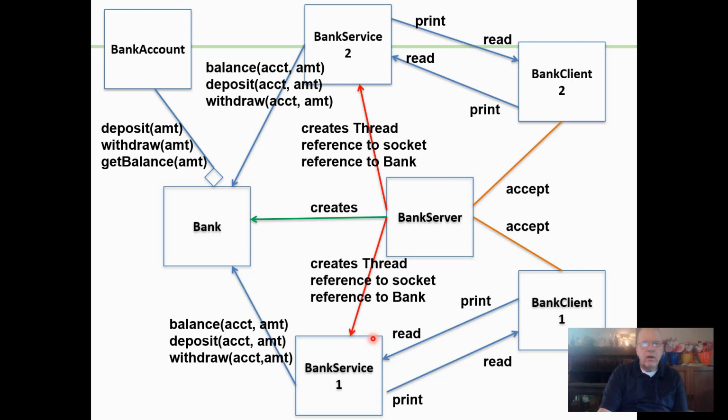So there can be more than one bank service. Here's BankService 2, BankService 1, and the client is connected to the bank server, but then it's handed off to the bank service, and it interacts, prints, and reads. And we'll see in our lab in a little bit, in the next video, how that works in a different application.